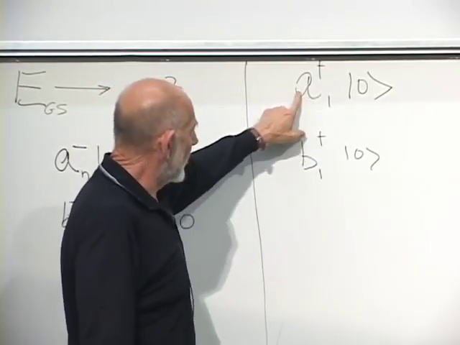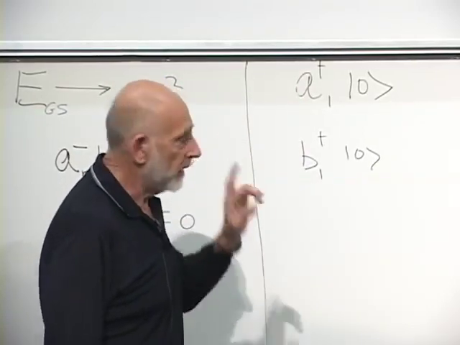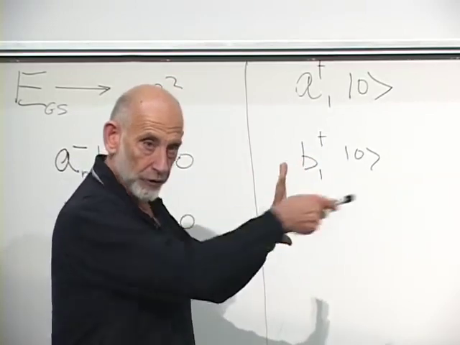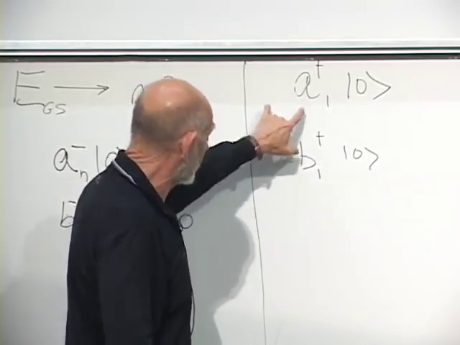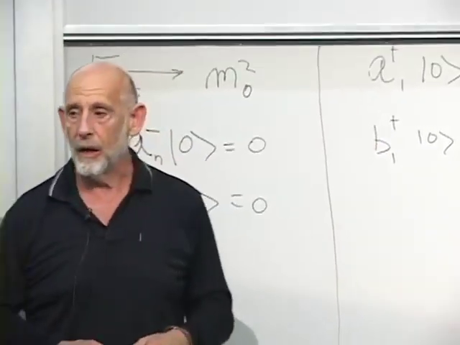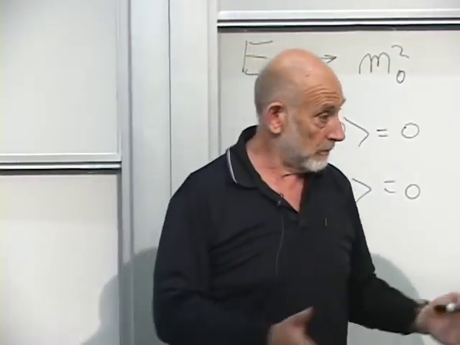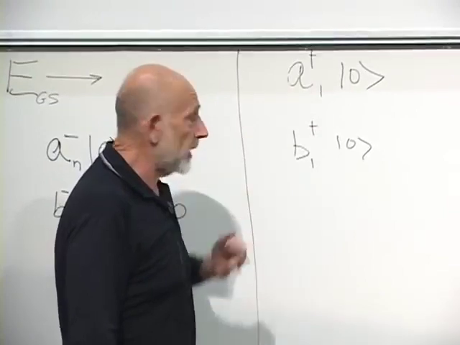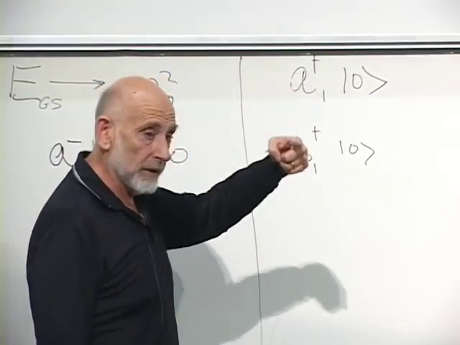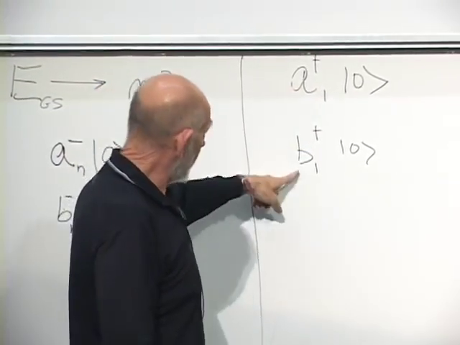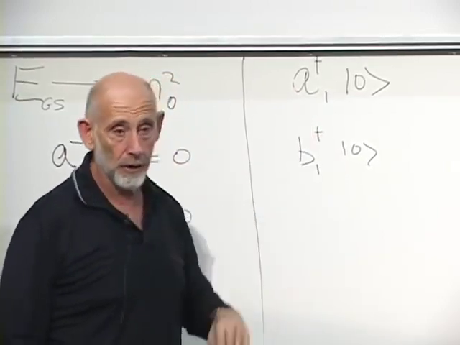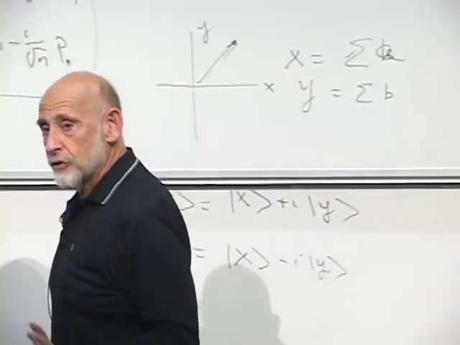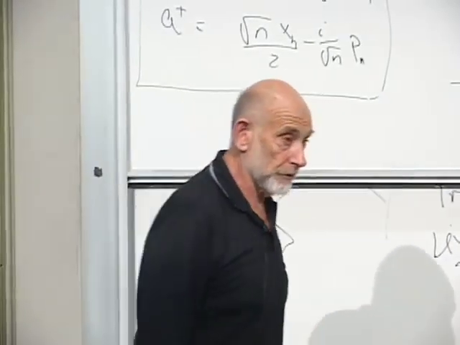They're always in the plane perpendicular to the motion, which is large. This one has some kind of vectorial property in the one direction. This one has vectorial property in the two direction. So these two states transform into each other as vectors.